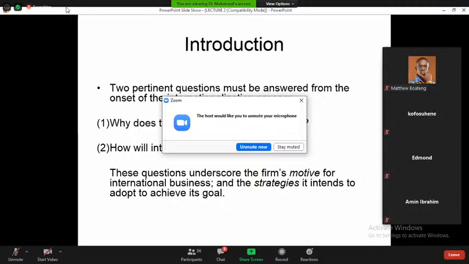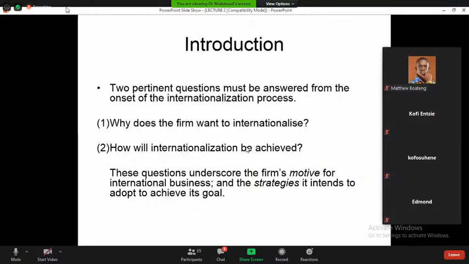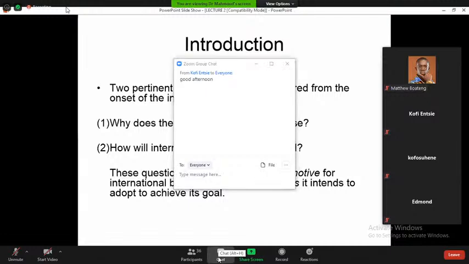So the first question is about the motivation, and the second question is how you get there, the strategies that you are going to adopt. So these questions underscore the firm's motive for international business and the strategies it intends to adopt to achieve its goals.